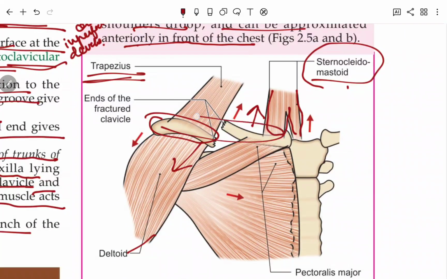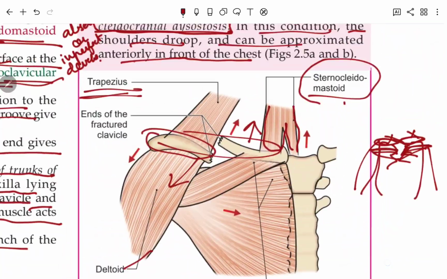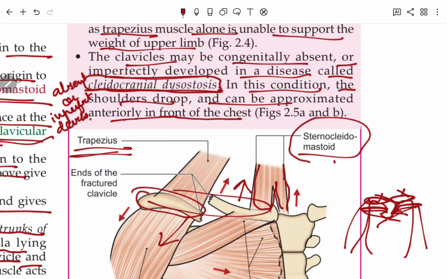As the clavicle is absent, the shoulders droop inside from the anterior as the clavicle is not there. The bone is not there. Who is going to hold them in position? The muscles will pull the chest inside, and the person may result in more of a kyphosis-like clinical presentation.